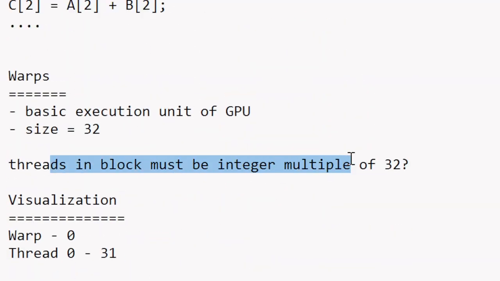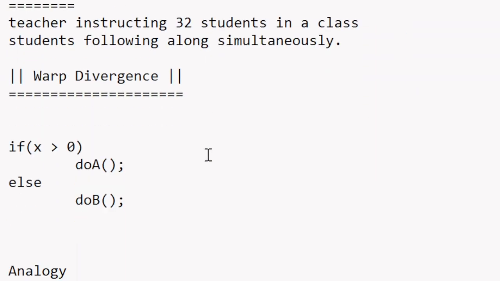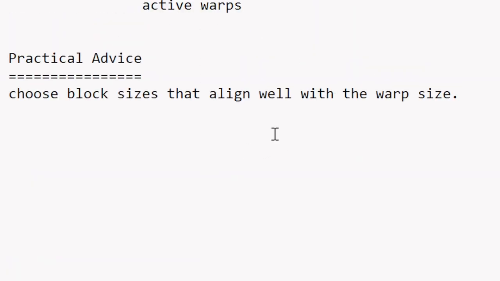So you select the block size so it is in alignment with the warp size. Good choices of block sizes are 128, 256, 512. Why? Because all are multiples of 32. They divide cleanly into complete warps.